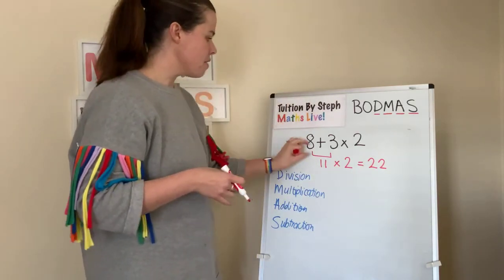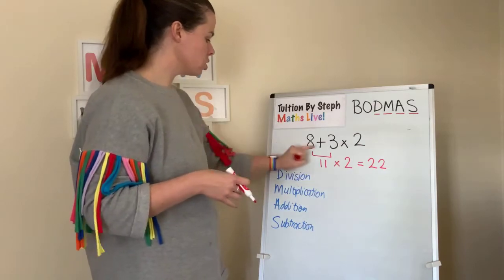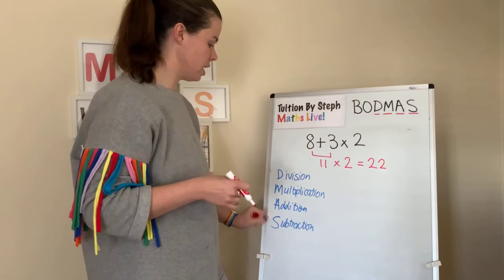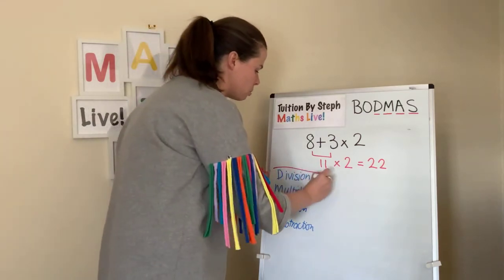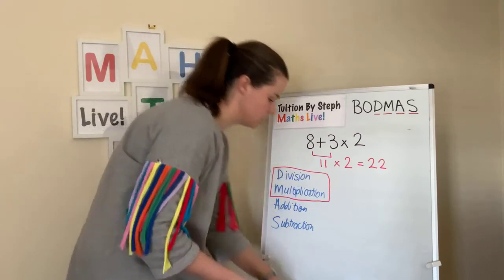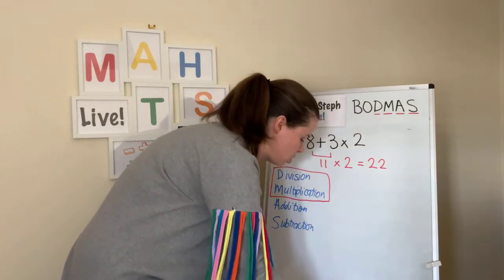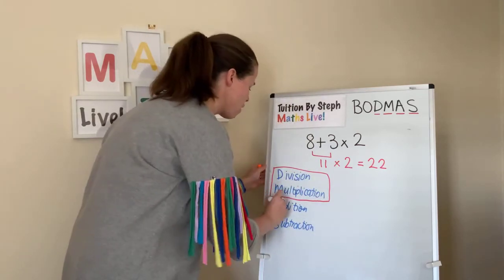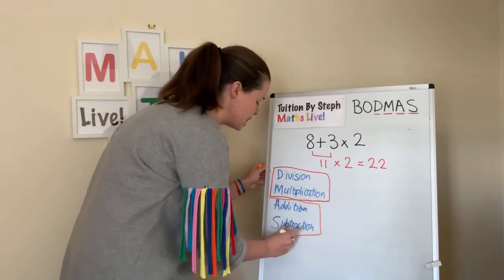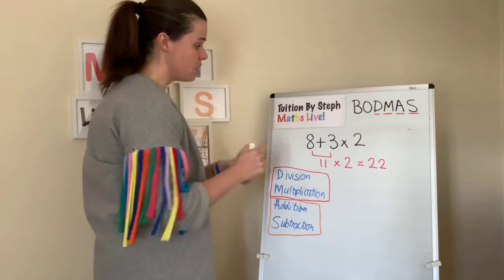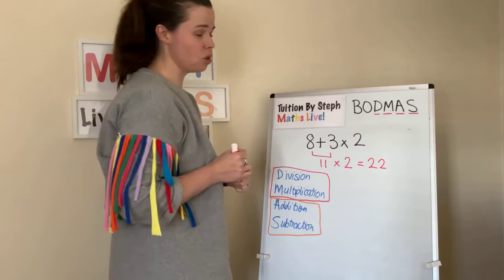If you have a calculation that has either division and multiplication or addition and subtraction in it, the division and multiplication is higher up in importance than addition and subtraction. Addition and subtraction are right at the bottom. They are the least important part of a number sentence. Therefore, we actually don't do it in this order.